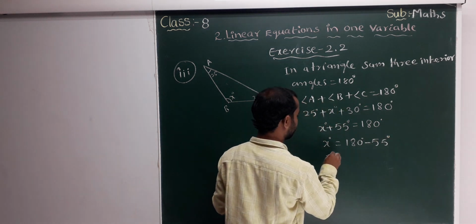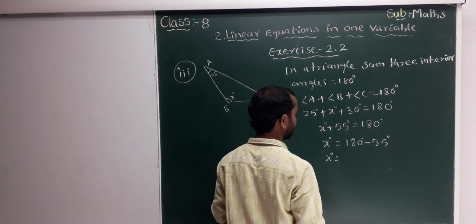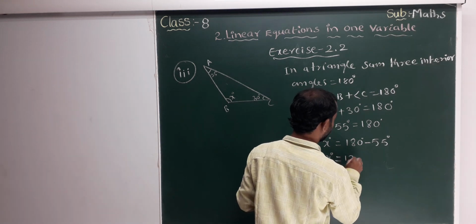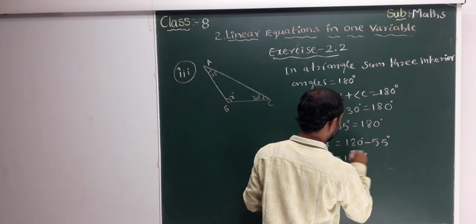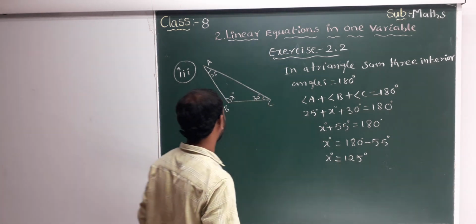Okay, x degrees equal to 180 minus 55 equal to 125 degrees. So x equals 125 degrees.